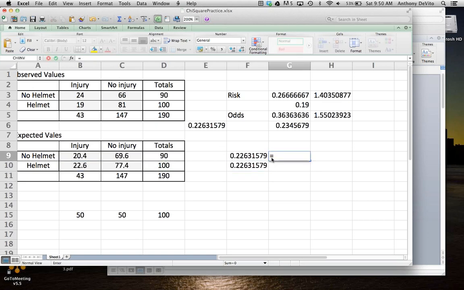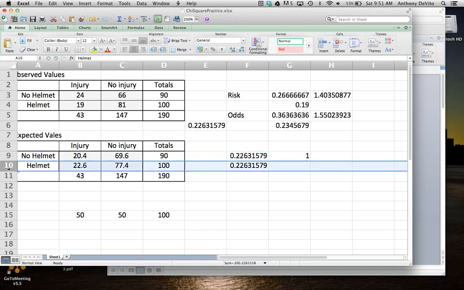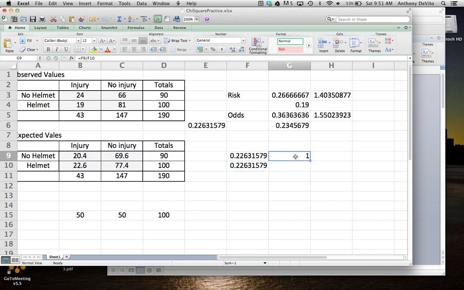It's the same. So the relative risk is just going to be the risk for wearing a helmet divided by the risk for not wearing a helmet. It comes out to 1. If there's no difference between wearing a helmet and not wearing a helmet, the relative risk is going to be equal to 1. Similarly, I'm not going to bother to do the calculation, but the odds ratio would be equal to 1 as well.